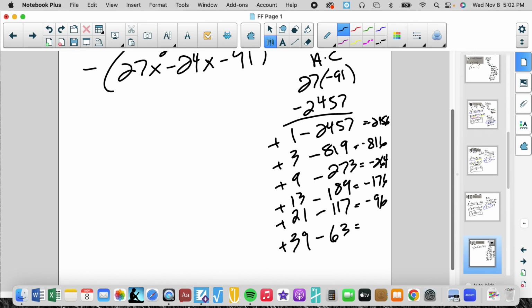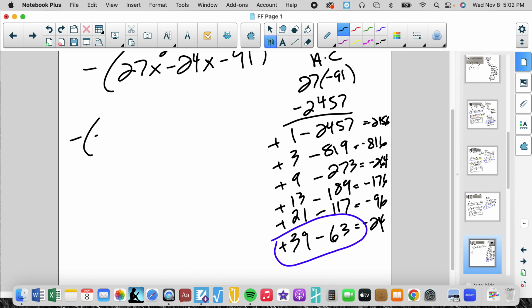And this gives us negative 24. And guess what? That's my middle. So we're going to take those two values.